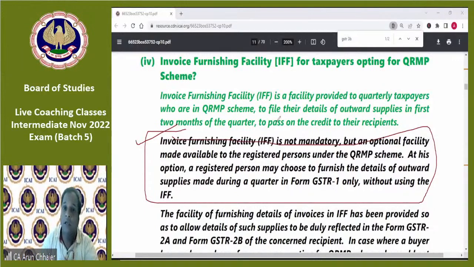Suppose I have one tax invoice of 60 lakh in QRMP. What is the upper limit of aggregate turnover in case of QRMP? 5 crore.